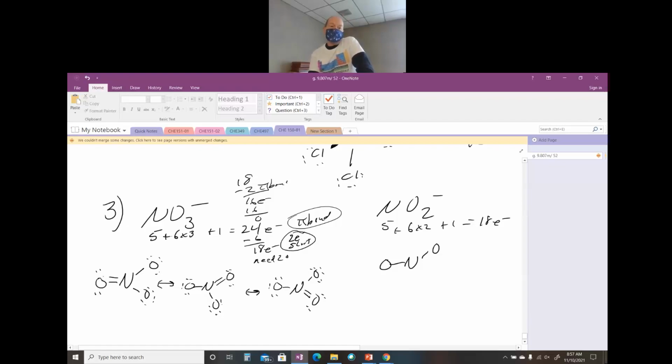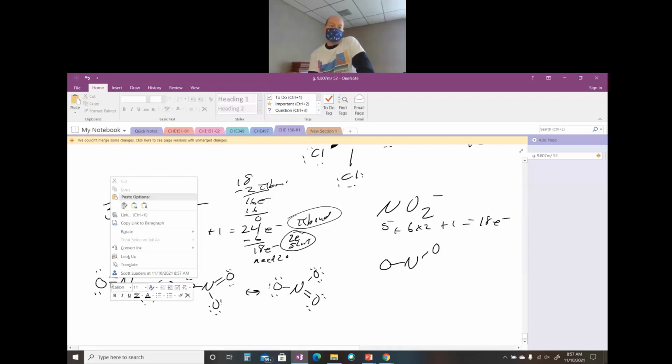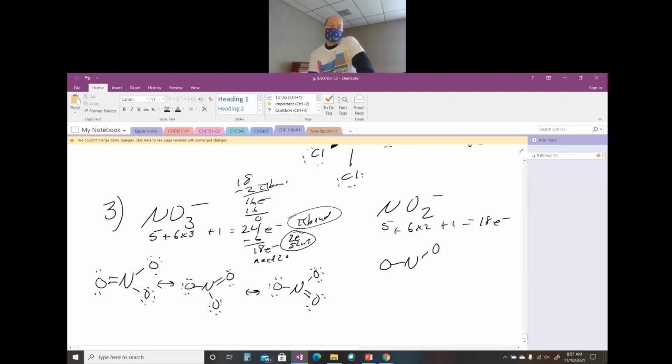All right, so again, oxygen, 6. This oxygen on the left here, it brought in 6. Brought in these 2, and these 2 that it paired up with the nitrogen. So that's why 2 bonds and 2 lone pairs is neutral, because that is 6 electrons that oxygen brought in. This oxygen up here, it brought in these 6 plus this one to share with the nitrogen.